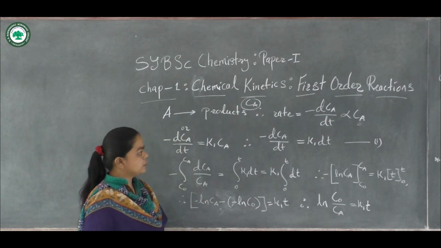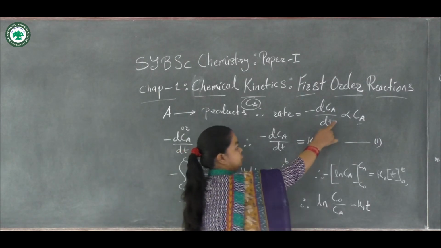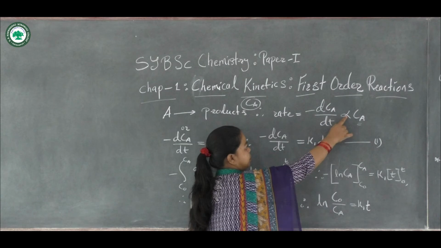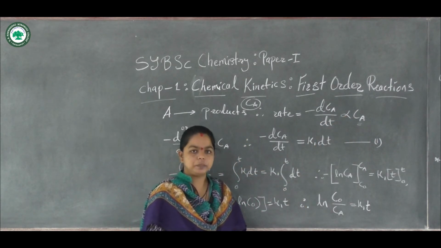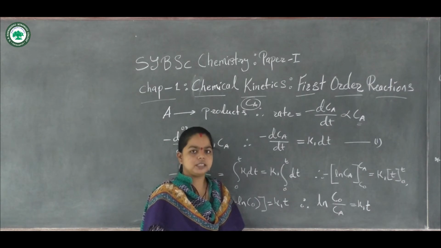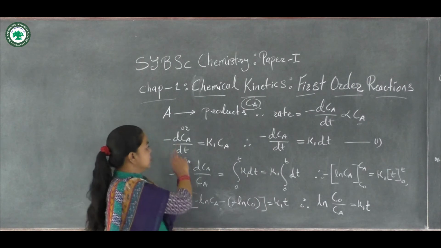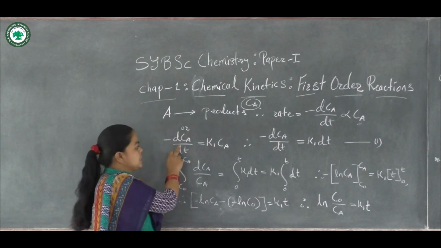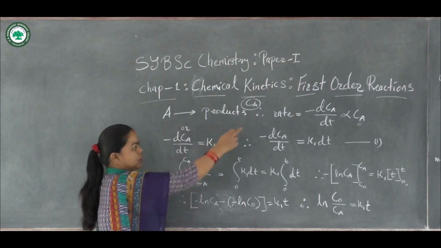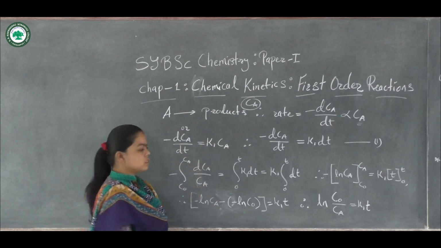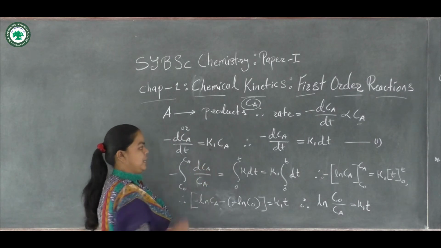Now for this equation we can put the proportionality constant. The proportionality sign can be removed by putting the proportionality constant, that is K1. So we can write this equation as minus dCA upon dt equals K1 Ca.